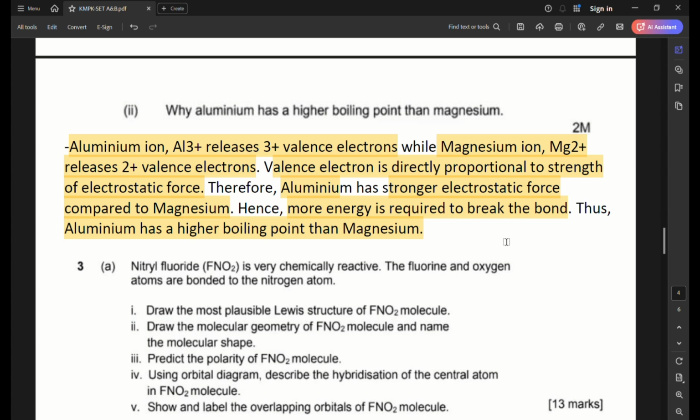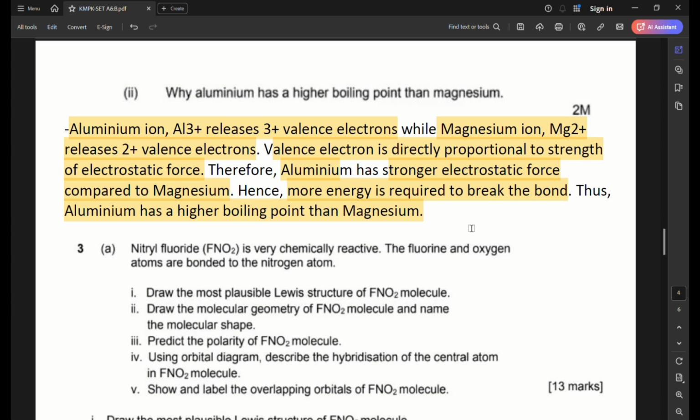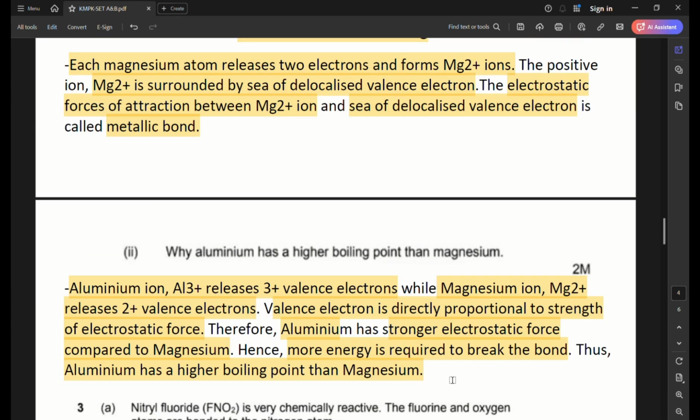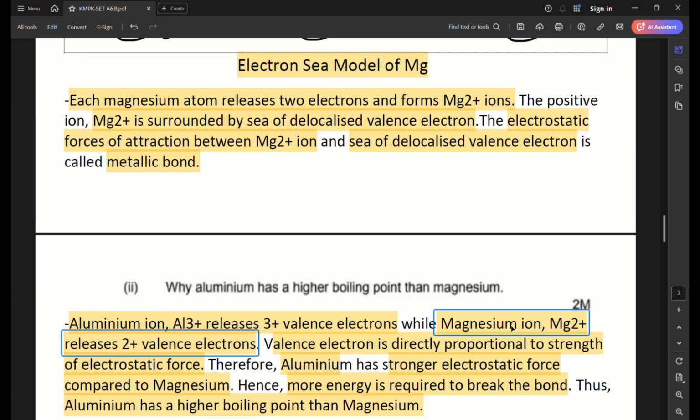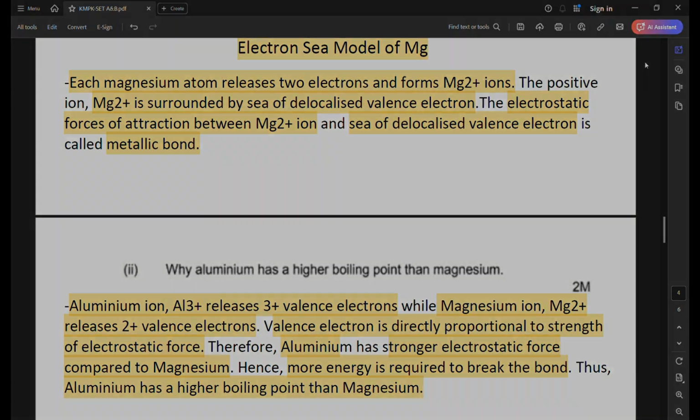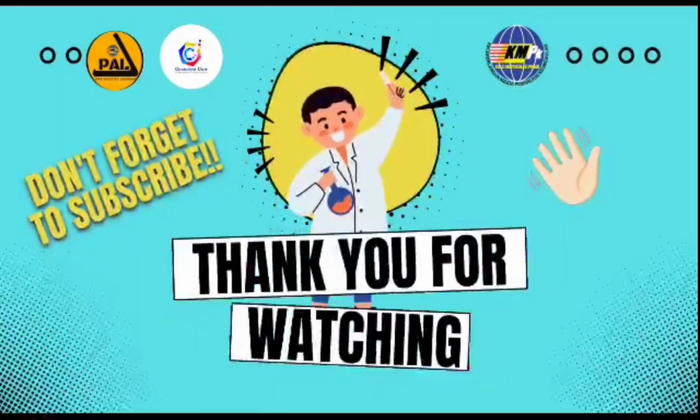Hence, when the electrostatic force increases, more energy is required to break the bond, so the boiling point will increase. So that is it for this question, which is Set B 2022 and 2023. Thanks for watching.